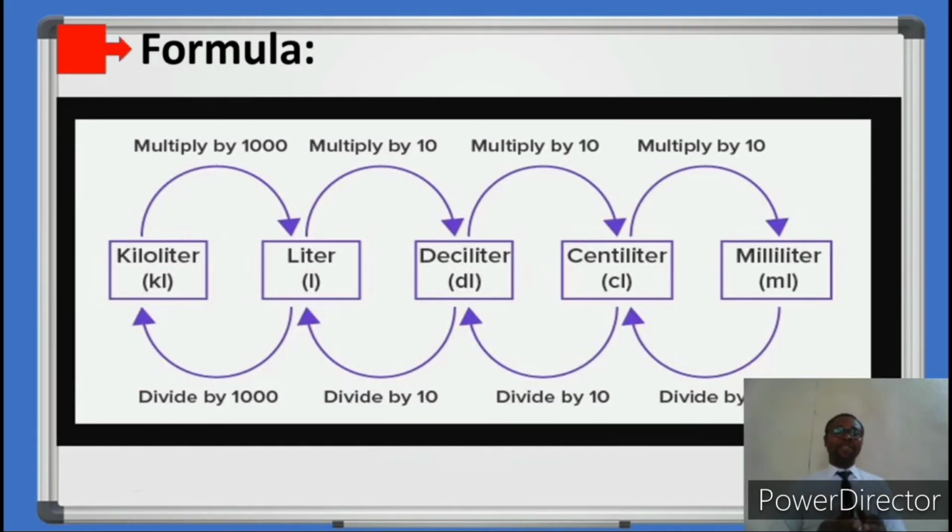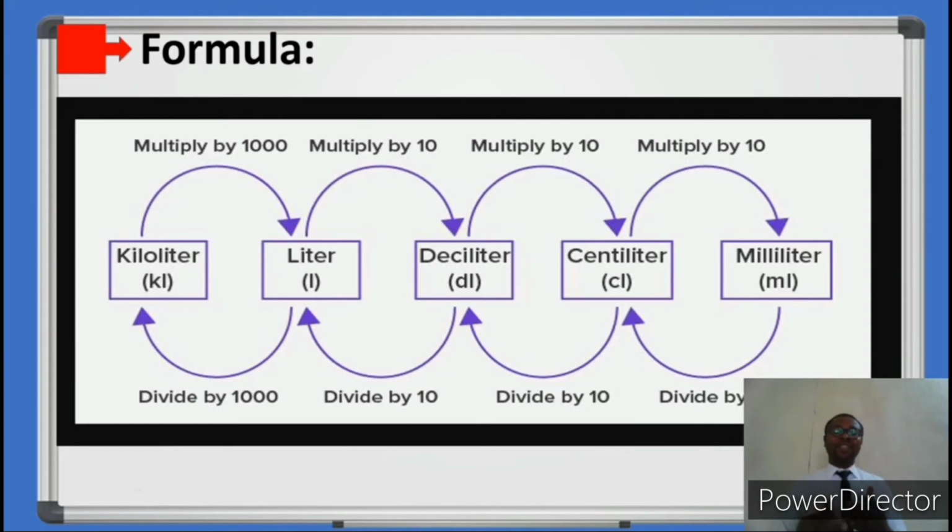And if we're converting from liter to deciliter, we multiply by 10, because liter is bigger than deciliter, and 10 deciliters makes 1 liter.